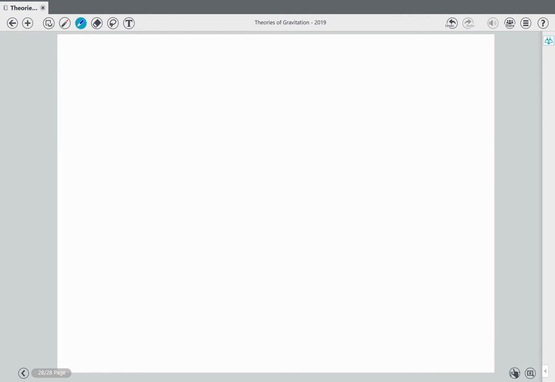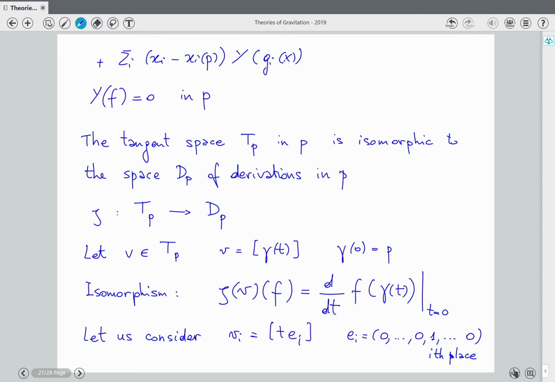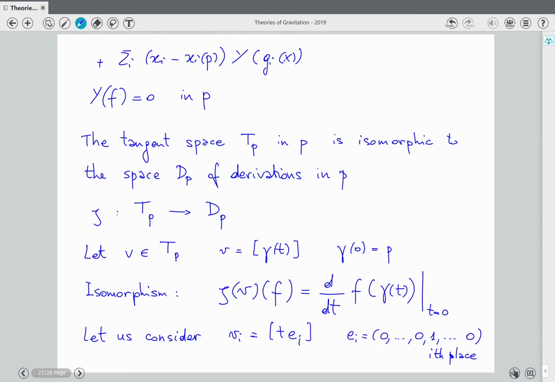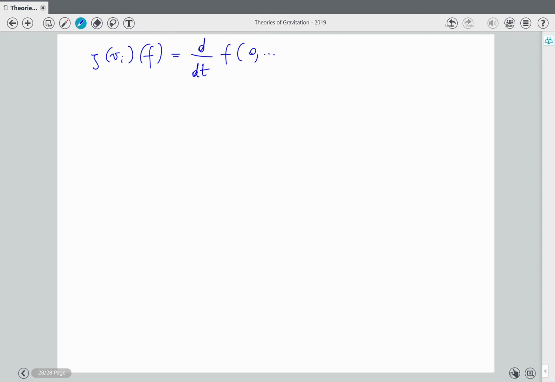So you will have zeta of vi, which acts on a certain germ function f, equal to the derivative with respect to t of the function f calculated along that curve, which means that it is calculated for all coordinates equal to 0 except for the ith coordinate, which is equal to t, and then you have to compute that at t equals 0.